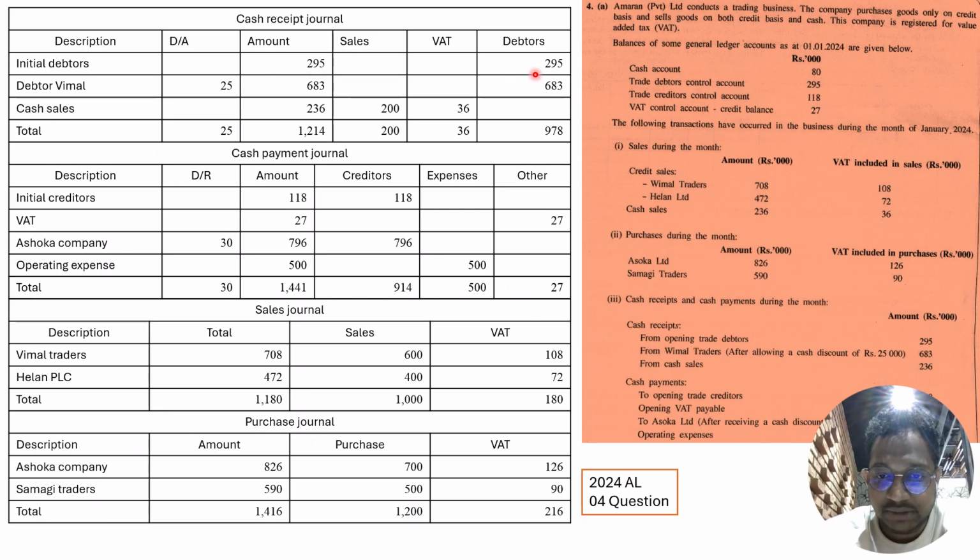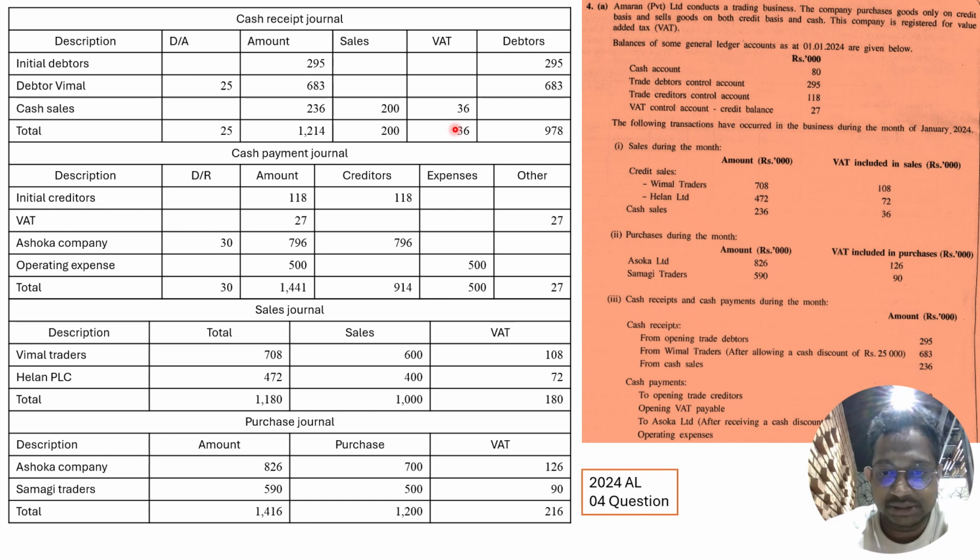And then from debtor Vimal, after allowing 25, they received 683. So that discount you should mention here, and then the amount here. And the cash sales is 236, including VAT 36, and that VAT you should mention under the VAT analysis column. And for sales you should mention the net sales value. So the total amount is 236, and then you can get the totals here.